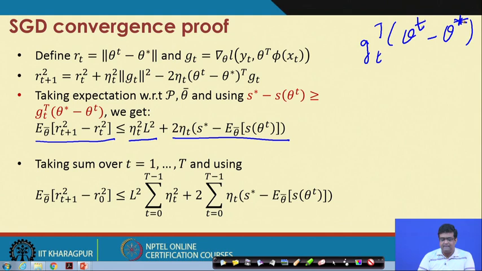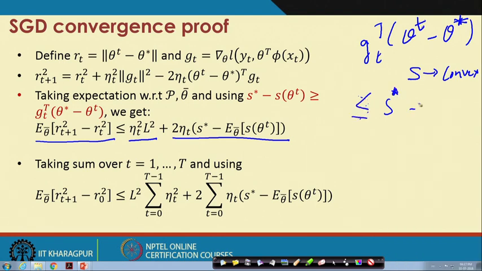And this is nothing but, because of the convexity of the loss function S, because S is a convex loss function, as we have already seen, this is going to be less than or equal to S star minus S t.